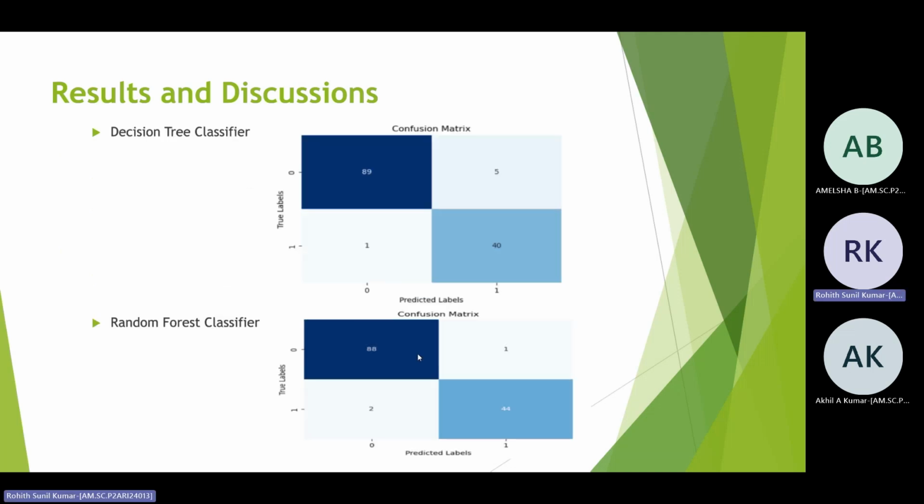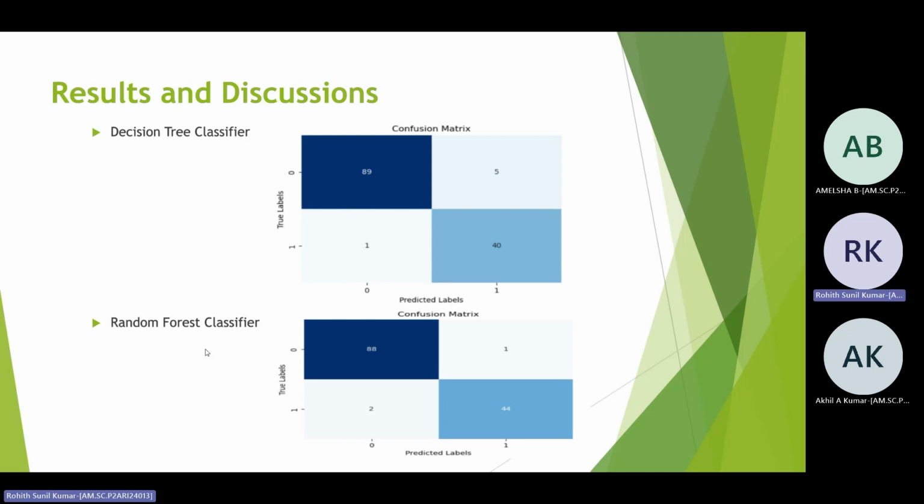The confusion matrix for the decision tree classifier is given as 89 for true negative and 40 for true positive, and 5 for false positive and 1 for false negative.